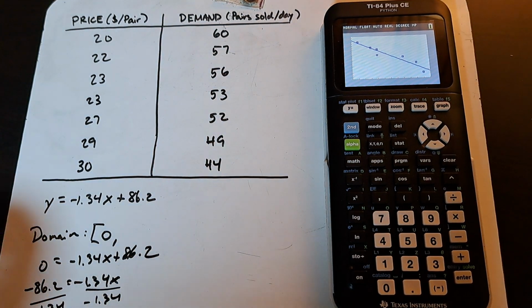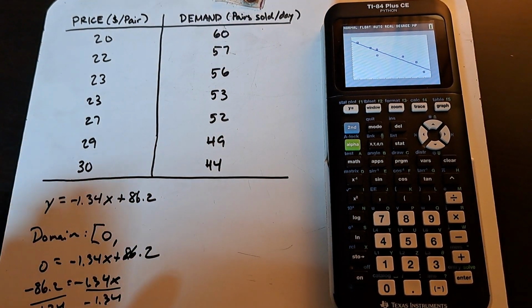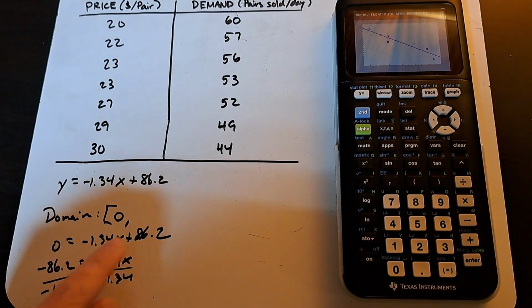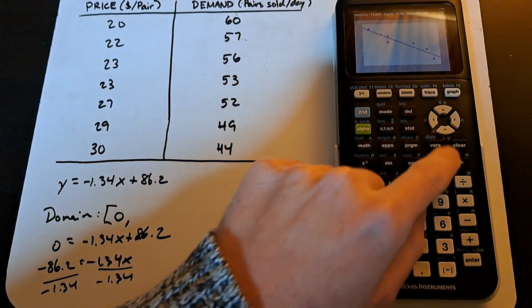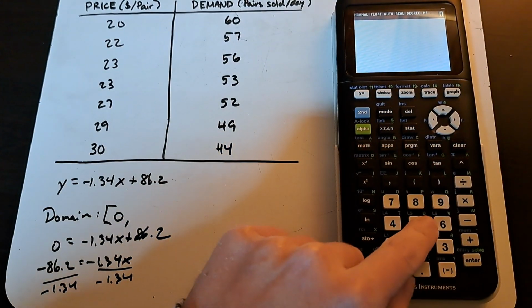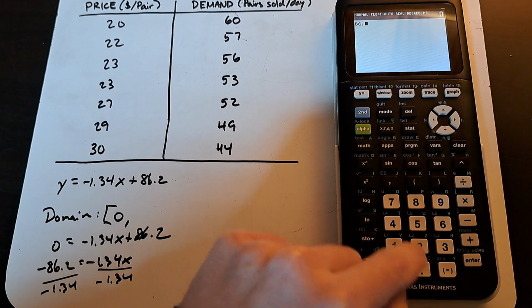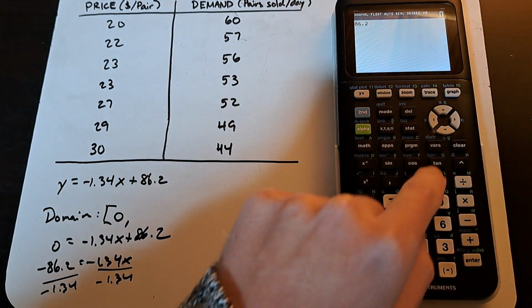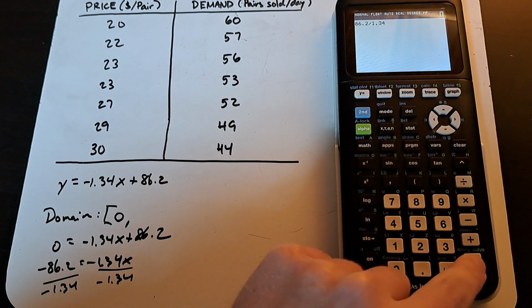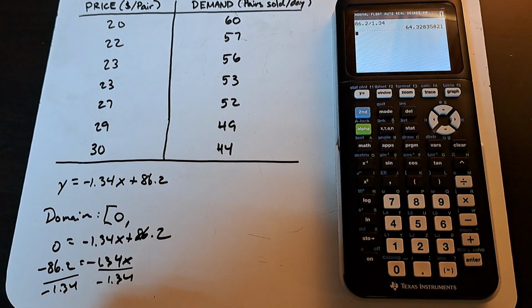Okay, and the negatives cancel out. And so I'm going to end up with, and I'm going to clear out of this just so I can calculate this. 86.2 divided by 1.34. Okay, 64.33.